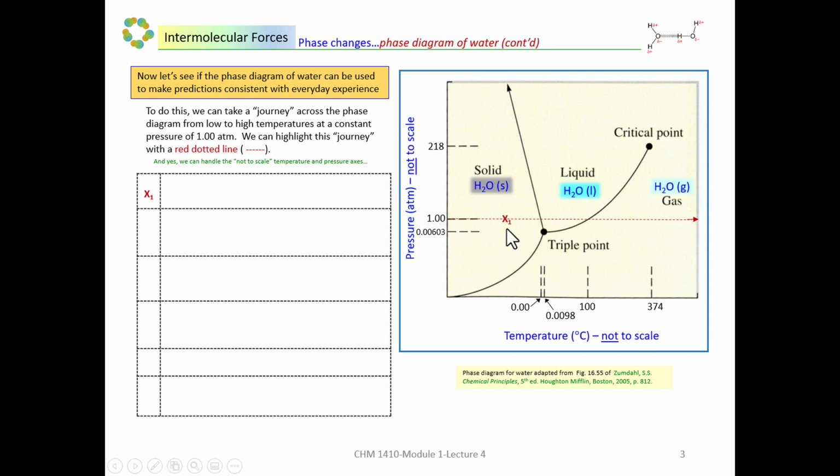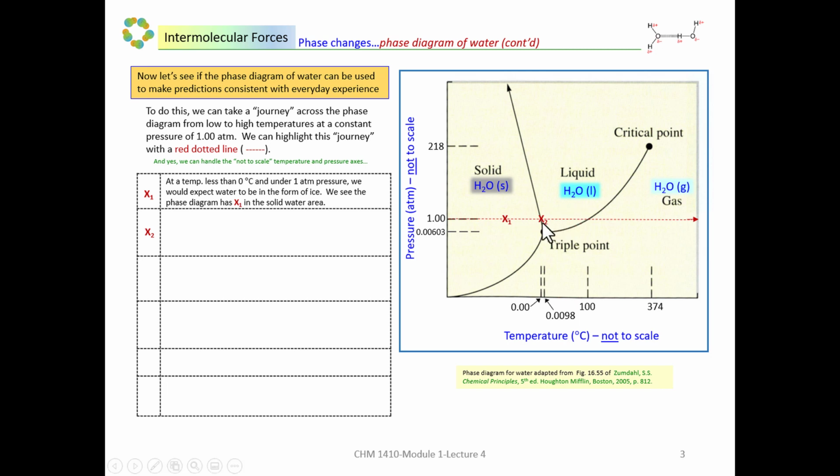So I've marked point x1 on our dotted line, and x1, you can see, is at a temperature less than 0 degrees C under normal atmospheric pressure, and the phase diagram predicts that water would exist as a solid under these conditions. That seems pretty reasonable. How about at point x2?